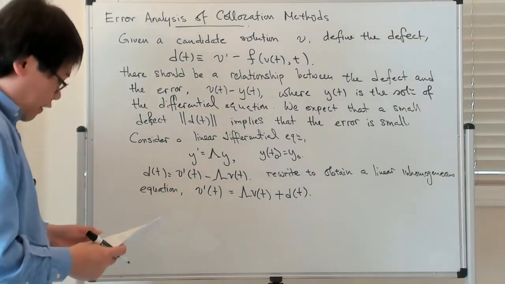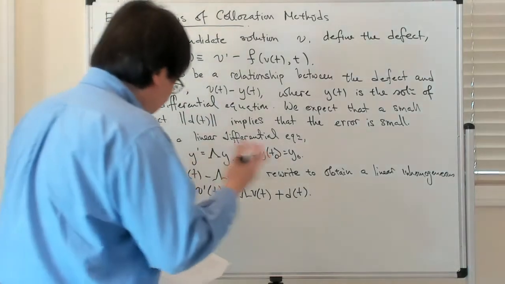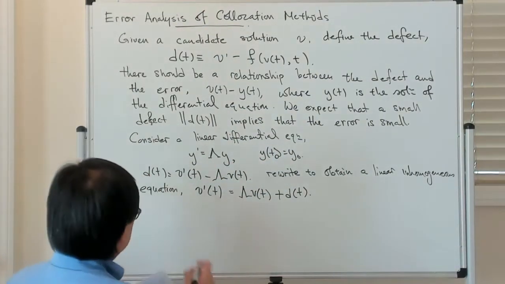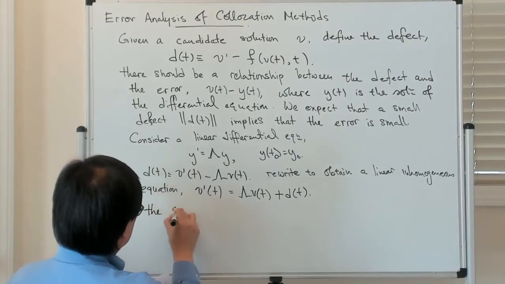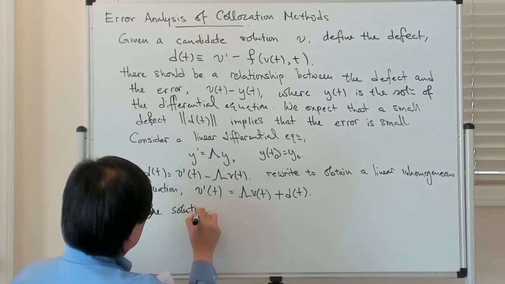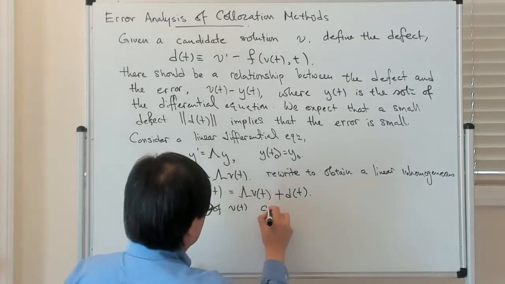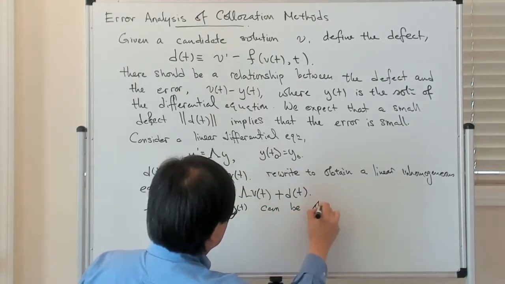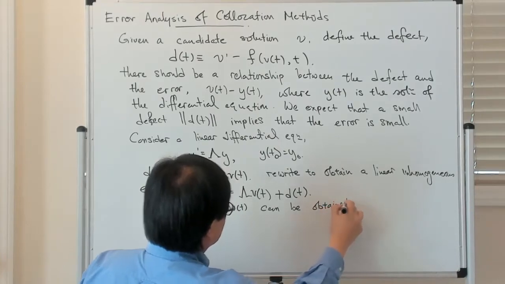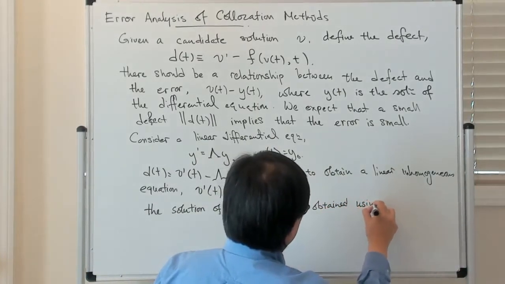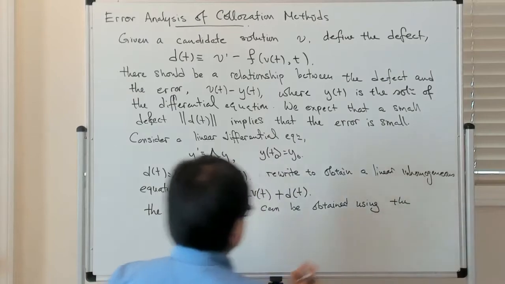So then you can write down the exact solution of v using the variation of parameters formula, or variation of constants formula. So the solution v of t can be obtained using the variation of constants formula.